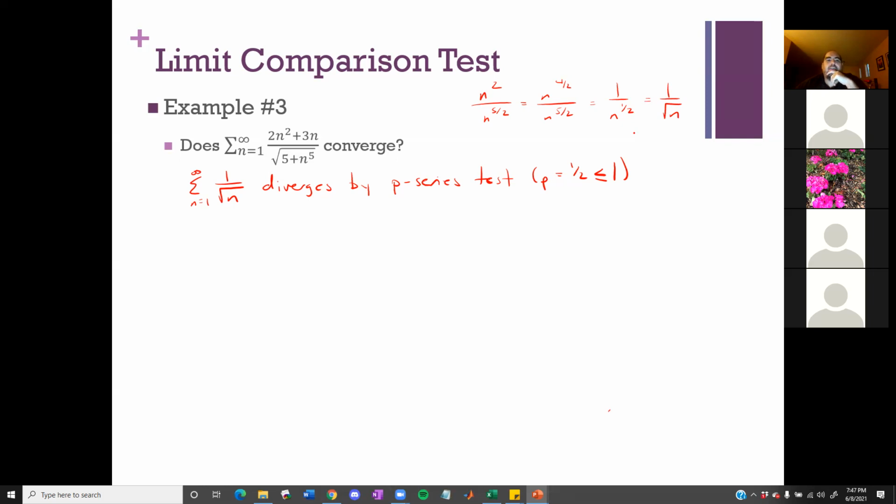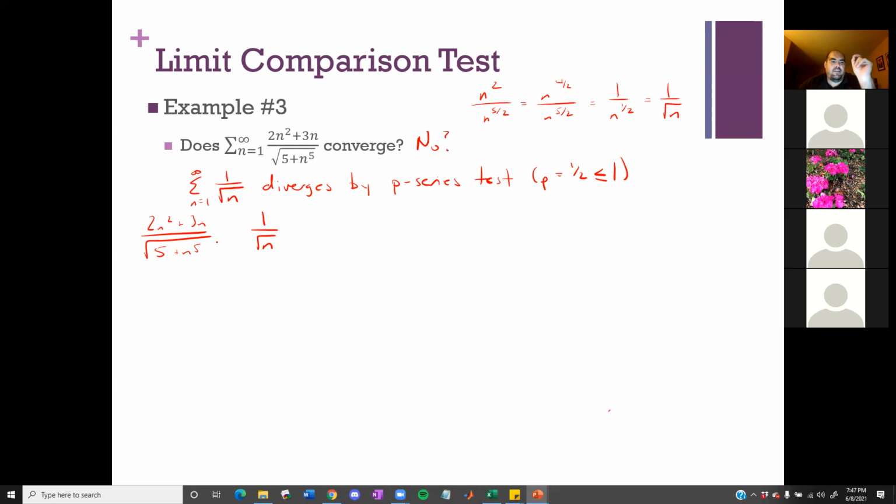Could we use the direct comparison test? My goal would be this: 2n squared plus 3n over radical 5 plus n to the 5th. Actually, you tell me what the goal is. I am trying to show that this thing I gave you diverges.